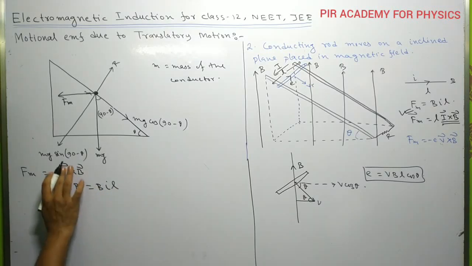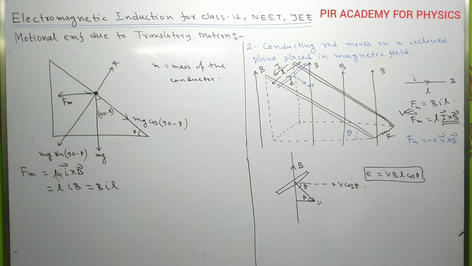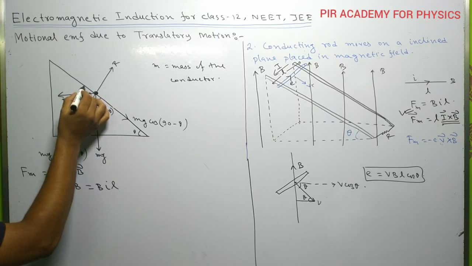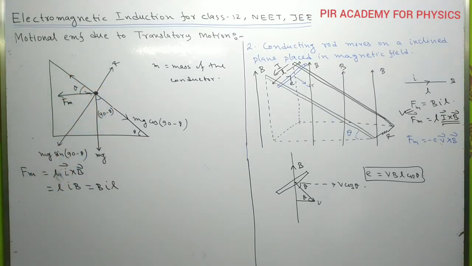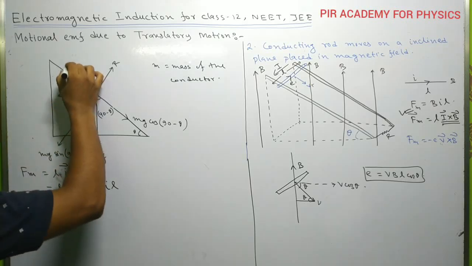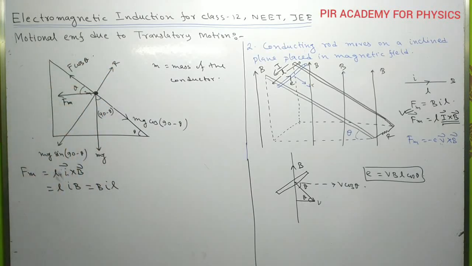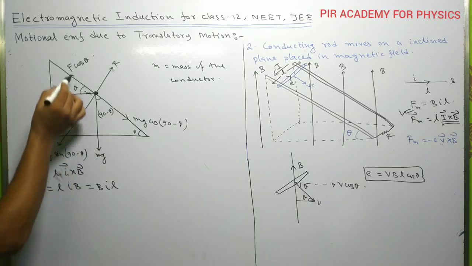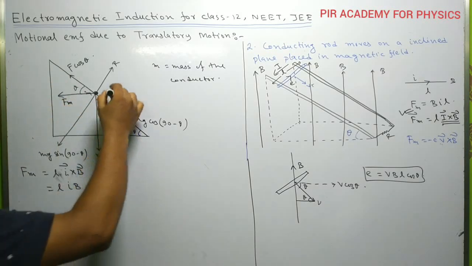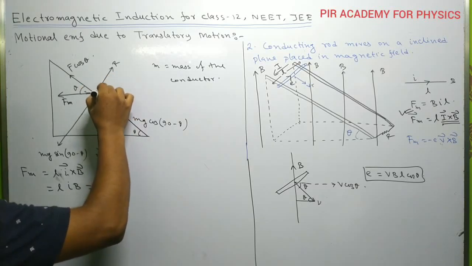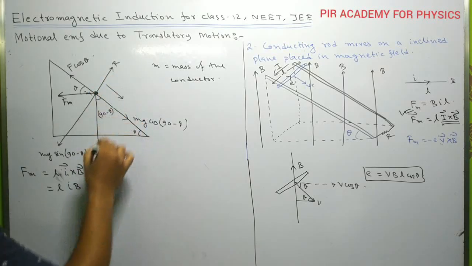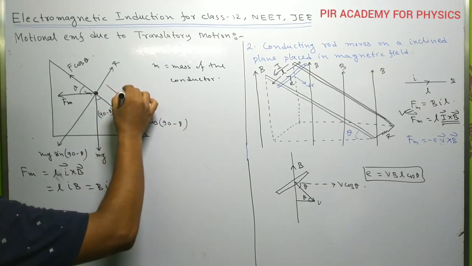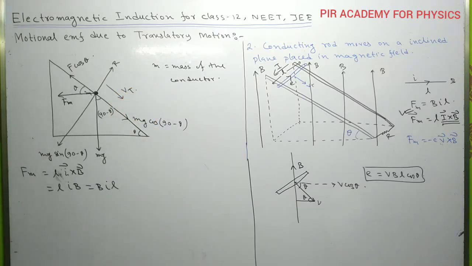Here this is small i, this is B i L. Now suppose this is theta. The component of the magnetic force along the direction is F cos theta. Now suppose this conductor is moving along this direction with constant velocity.